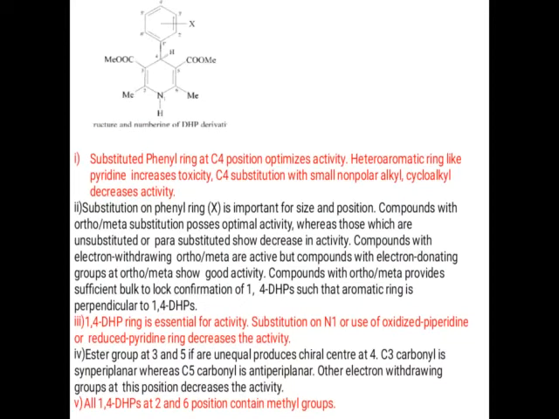So after seeing the combination of valsartan and sacubitril, we are moving to the next class of drugs which act on the renin angiotensin aldosterone system, and that is calcium channel blocker.